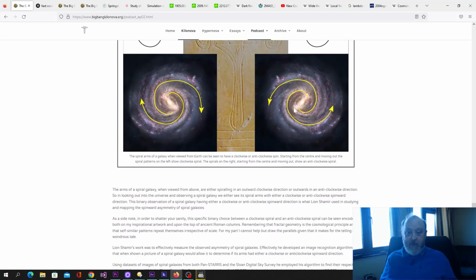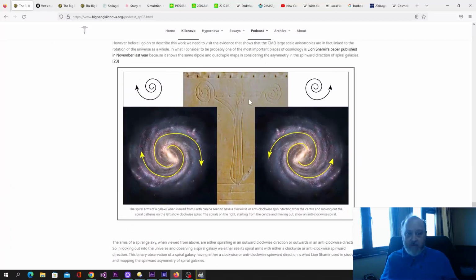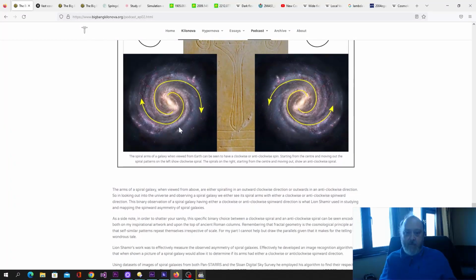So essentially, a spiral galaxy can have an anti-clockwise spin, or it can have a clockwise spin. I use the symbology here to help me illustrate that very specific notion between clockwise spin and anti-clockwise spin.